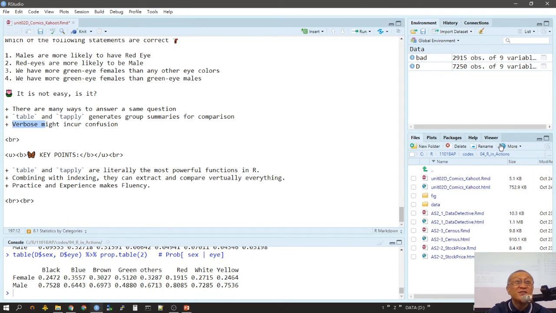Now, any more questions? Remember that table and t-apply are doing group computation, and the reason that you want to do group computation is you want to do group comparison, right? Okay. So that is the key.